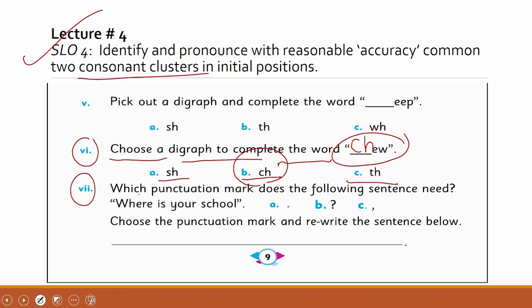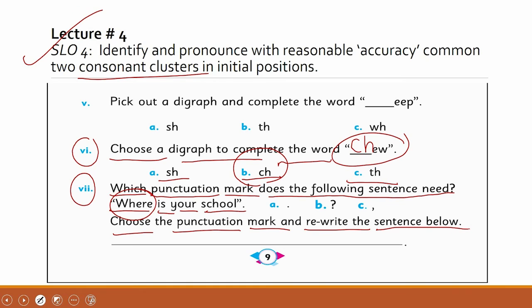Number 7, which punctuation mark does the following sentence need? Where is your school? Choose the punctuation mark and rewrite the sentence below. When there is the word where, that means they want to know the location or the place, and this is a question.